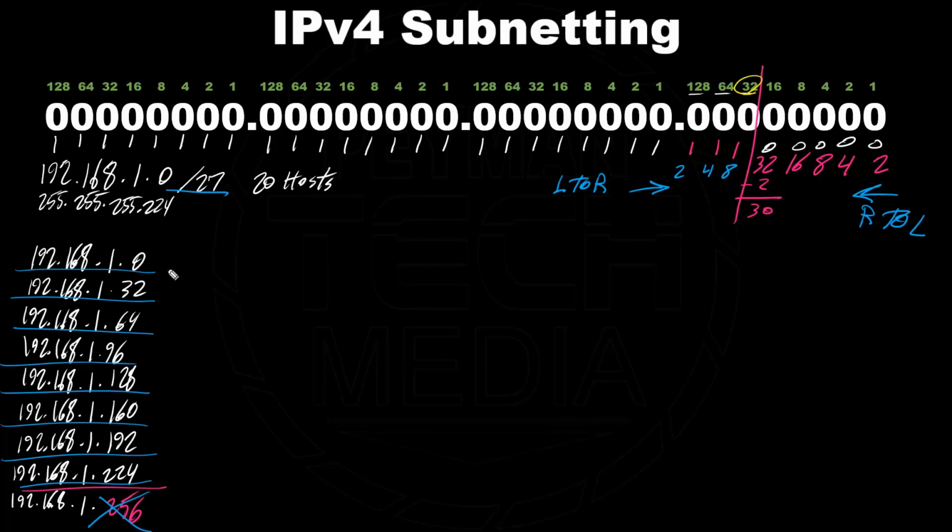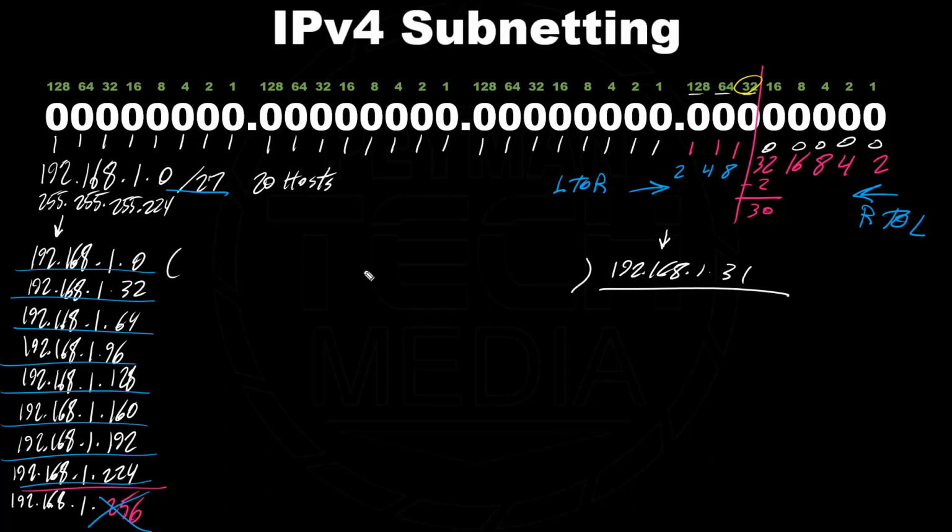Let's find out. So if this is our range, and this column is the network addresses, and this column here is the broadcast addresses. So for the first subnet, the broadcast address is one less than the next one. So the next one is 1.32. Therefore, the broadcast address would be 192.168.1.31.